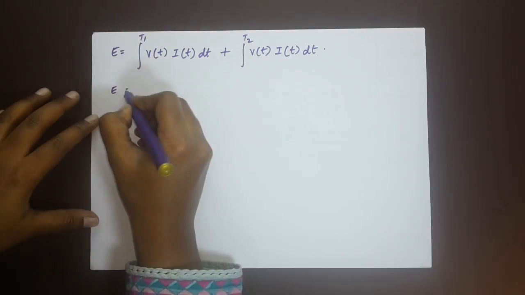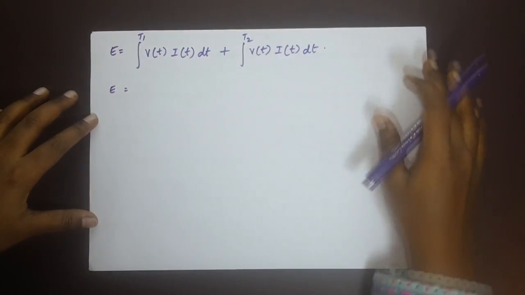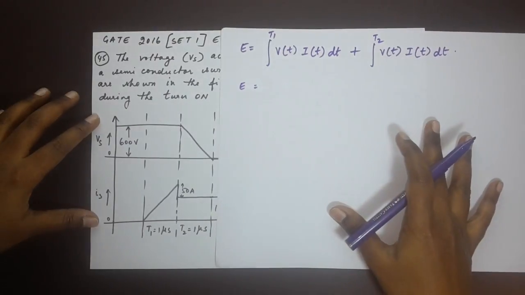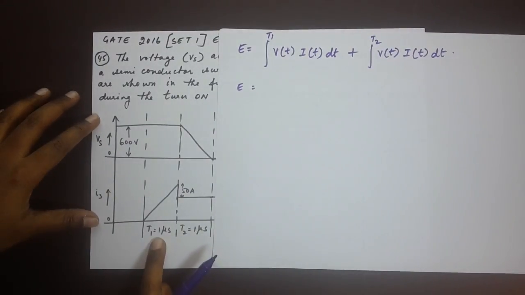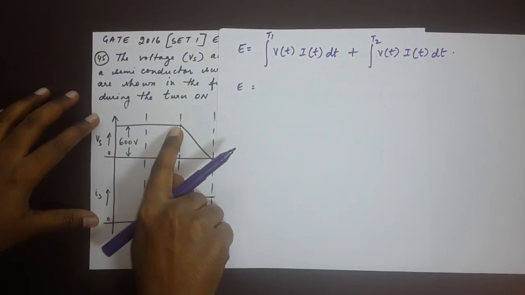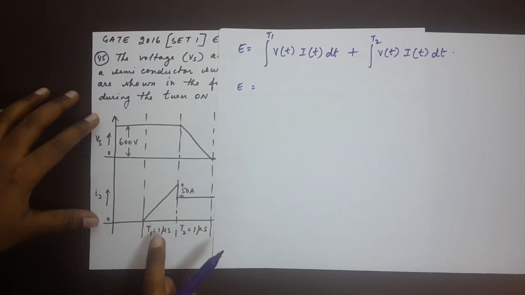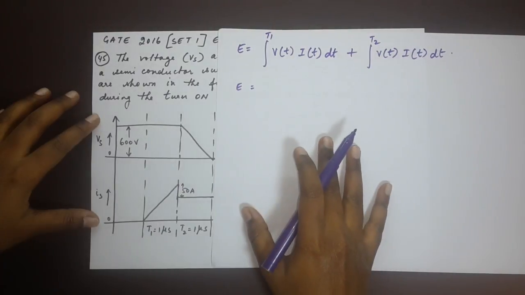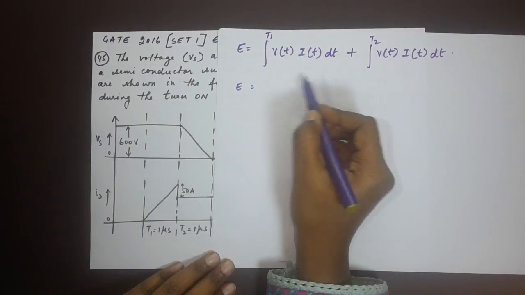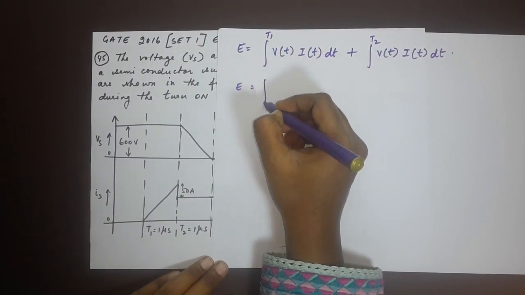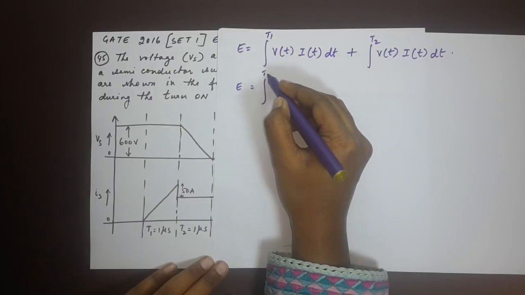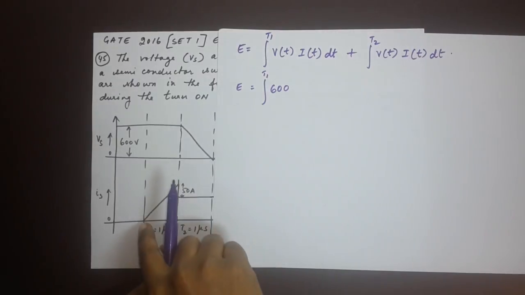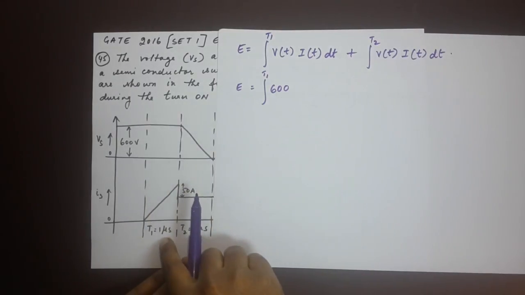Now according to the waveform given to us, during the period T1 the voltage is constant at 600 and during the period T2 it is gradually decreasing. So now for the first portion, the integral during the first period, V of t is 600 but I of t is increasing during this period of T1.